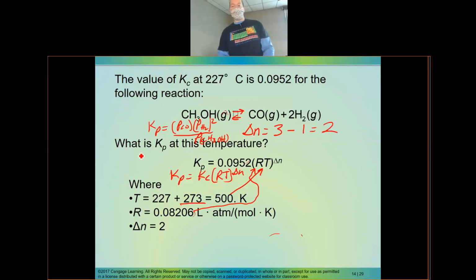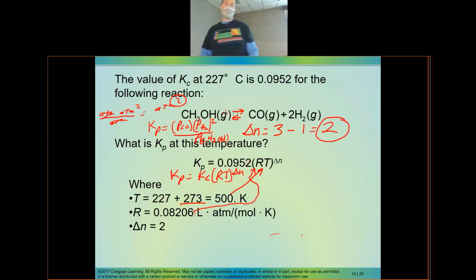If you did a units check on your Kp, you would have atmospheres, you would have atmosphere squared divided by atmospheres, and you would end up with atmosphere squared. That will always match the exponent in your Kp units. Again, you will never be required on a test to put the units for Kp.